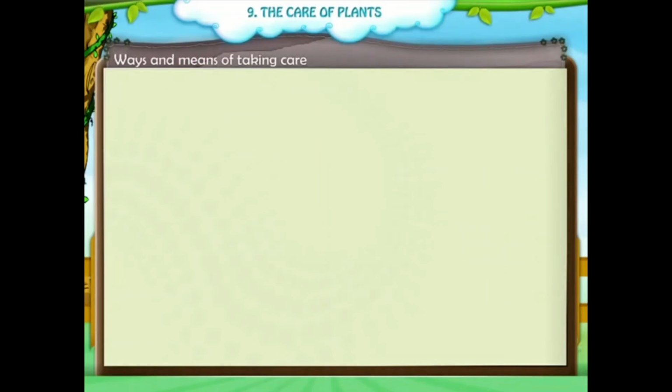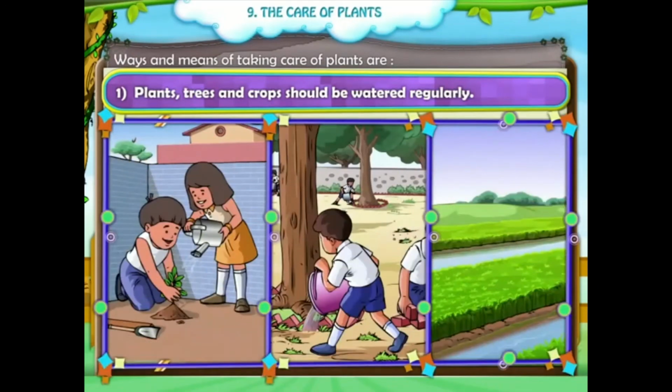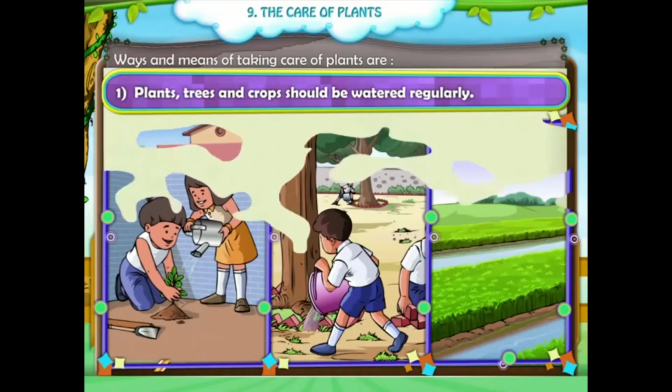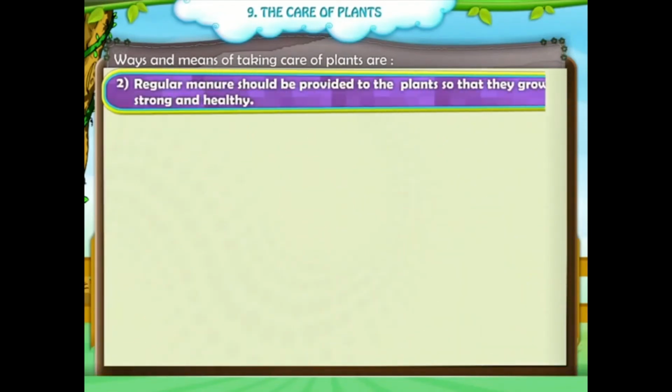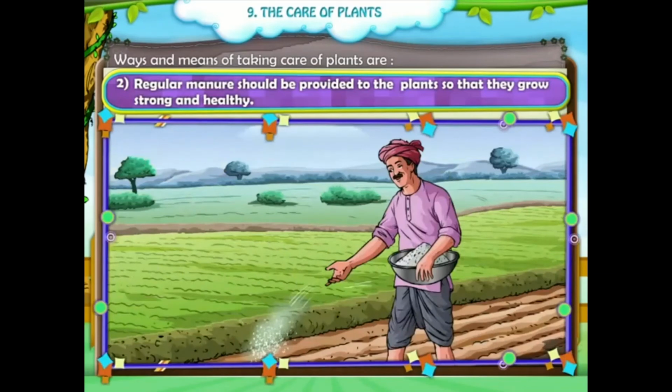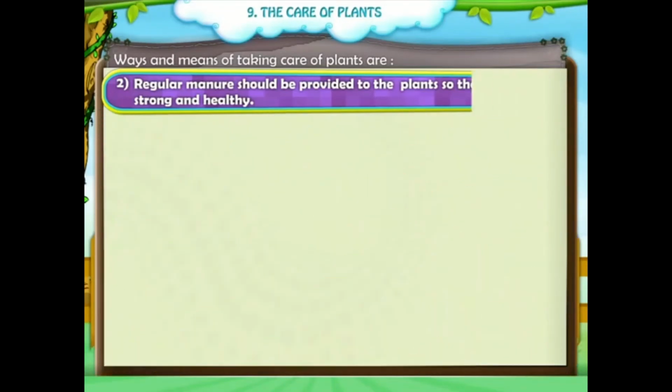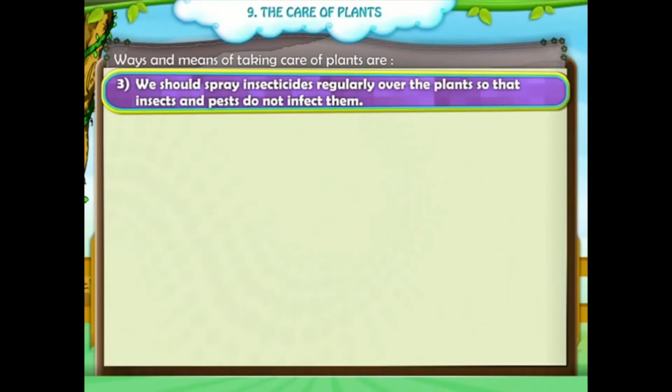Ways and means of taking care of plants are: 1. Plants, trees, and crops should be watered regularly. 2. Regular manure should be provided to the plants so that they grow strong and healthy. 3.